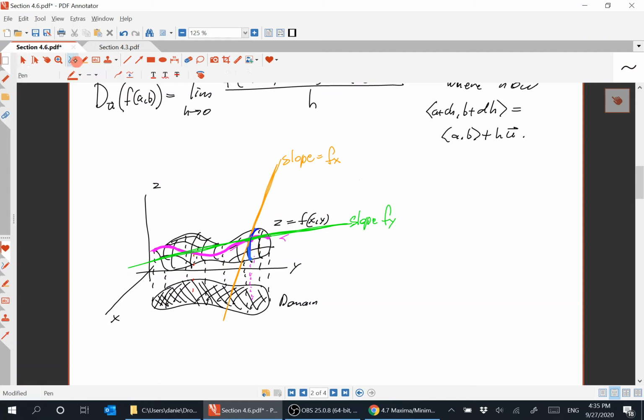So the orange one, that is the (1, 0) direction, that's the direction i. The purple one, that's in the j direction.